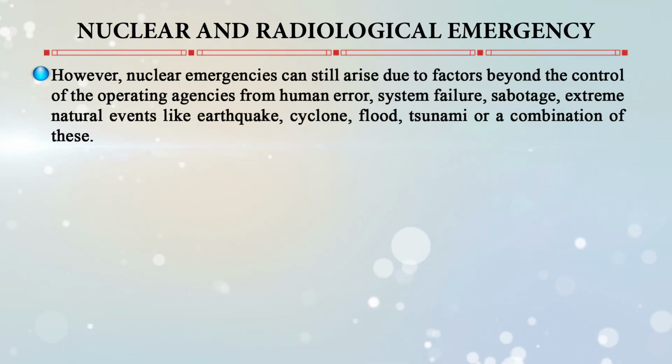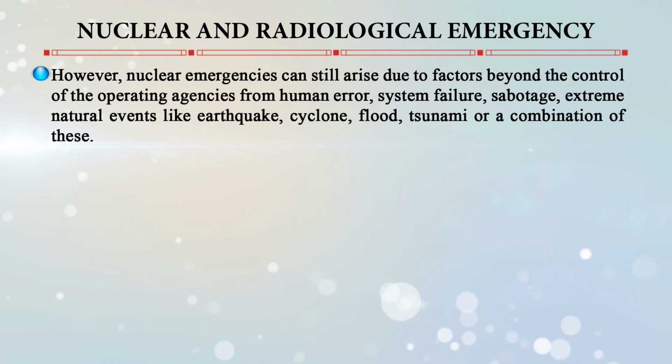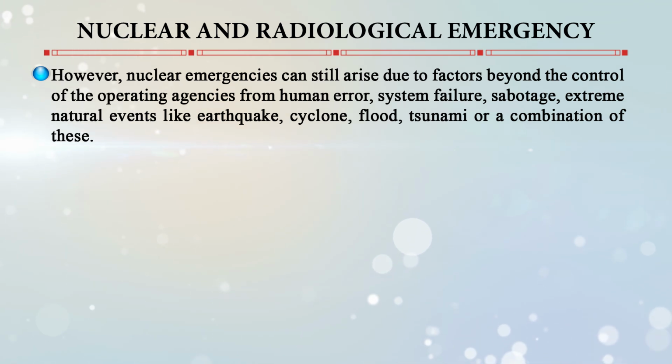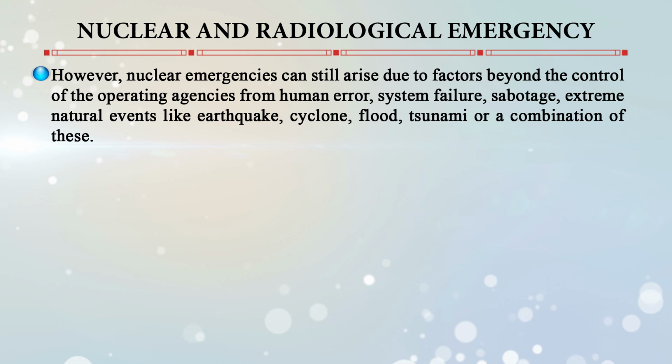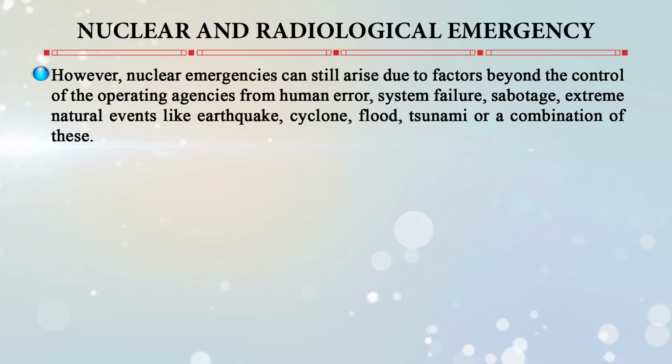All the organizations dealing with nuclear and radiological material have an inherent culture of safety. They need to see that all the protocols are being followed. They need to follow the best safety practices in the sector and apply the highest standards to ensure minimum risk. However, nuclear emergencies can still arise due to factors beyond the control of the operating agencies: human error, system failure, sabotage, extreme natural events like earthquake, flood, tsunami, or a combination of these.